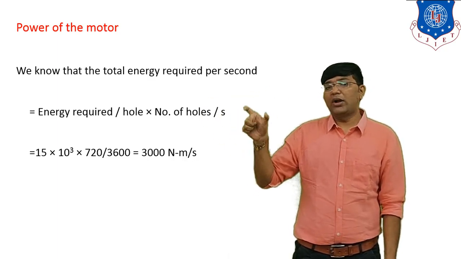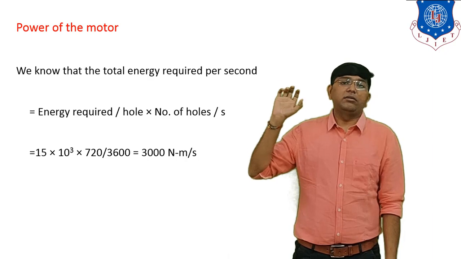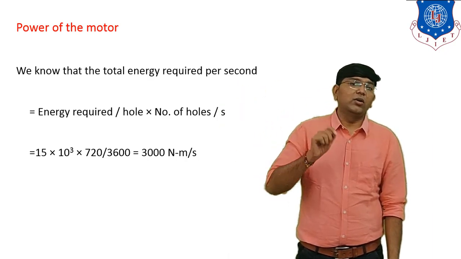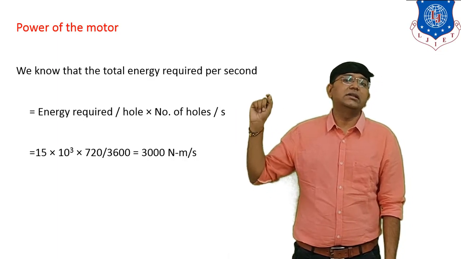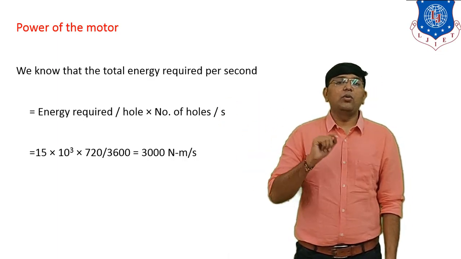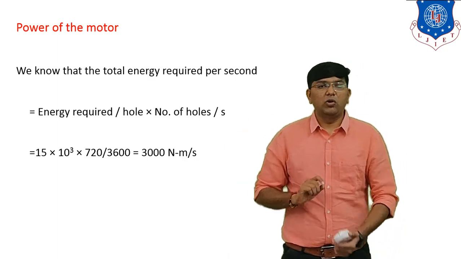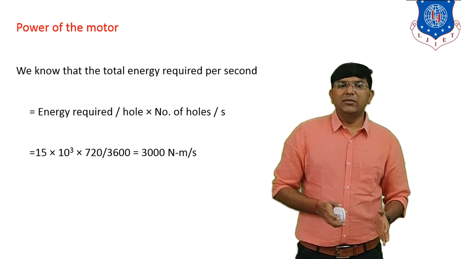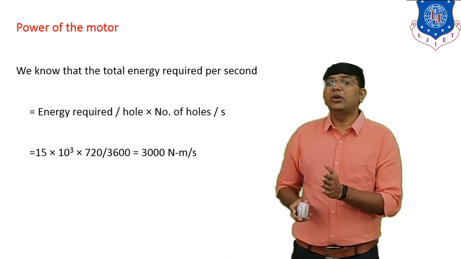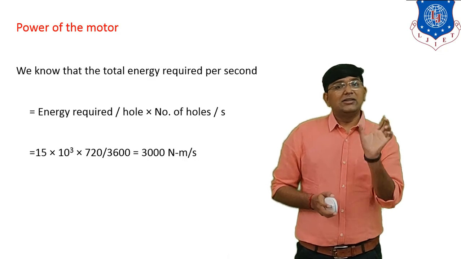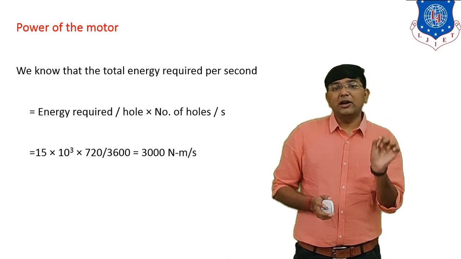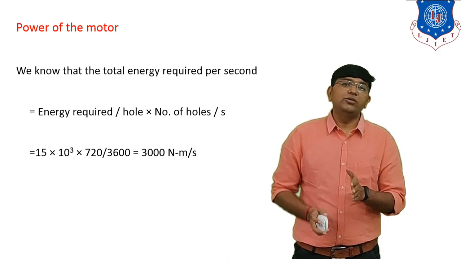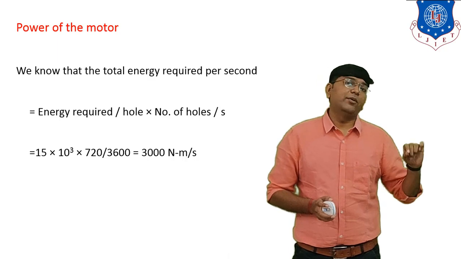Now we have to convert this value into holes per second, so you have to divide this value by 3600. Clear? So 15 into 10 raised to 3 into 720 upon 3600 is equal to 3000 newton meter per second. So this is the value of power, 3000 newton meter per second, or 3000 joule per second, or 3000 watt. Energy supplied per second.